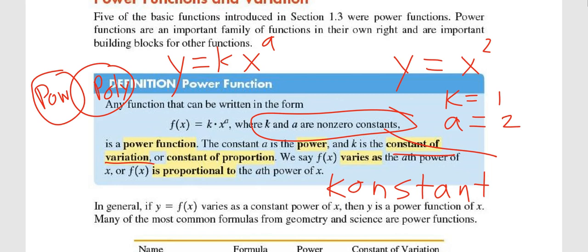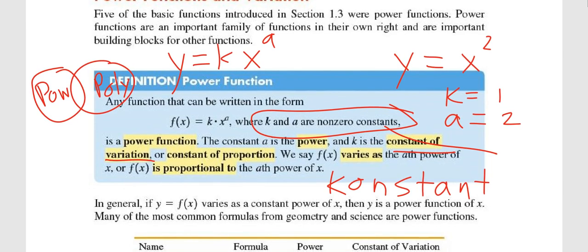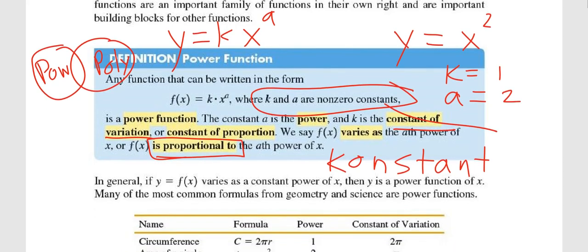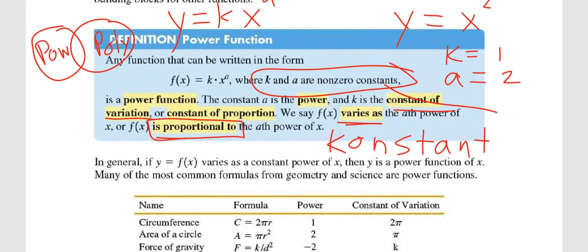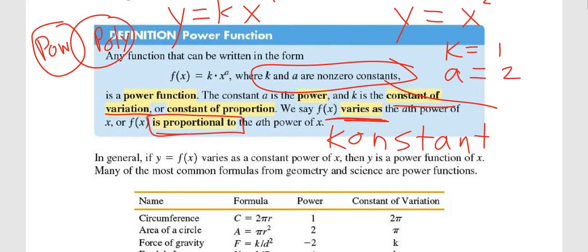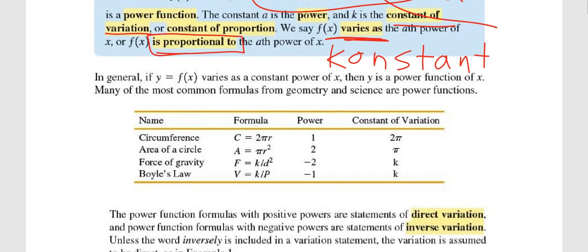Those are phrases that you've used before in Algebra 2. Now, the phrase that you see right here is proportional to. It is very similar to this, varies as. Now, they need to be more specific. We use terms like varies directly or varies inversely. Do you remember what varies directly and varies inversely mean?